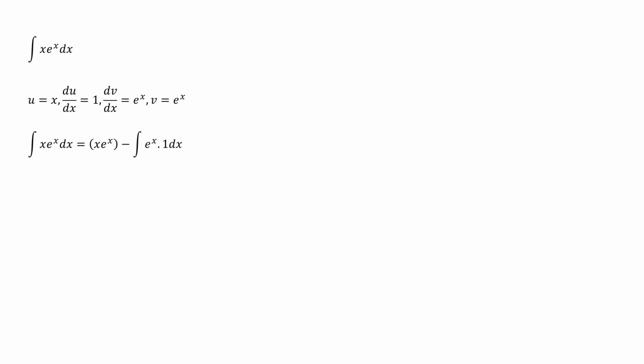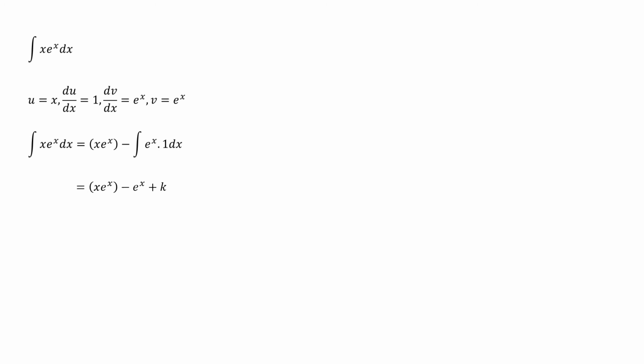Now e to the x times 1 is nice and easy to do because it's just e to the x. So therefore, going through this, I'll get x e to the x minus e to the x plus a constant because there are no limits. And I probably didn't really need to put the constant in there, but I like to emphasize that fact.